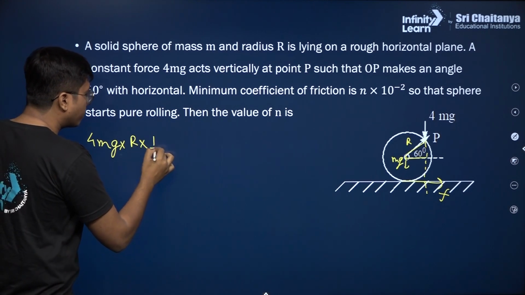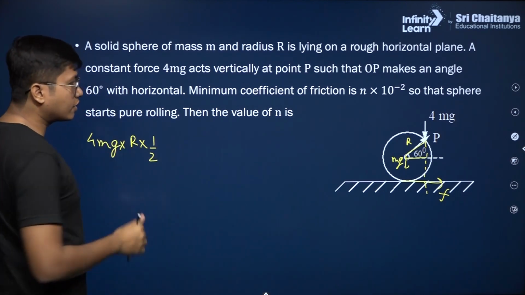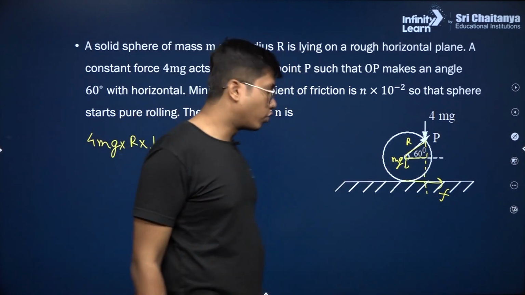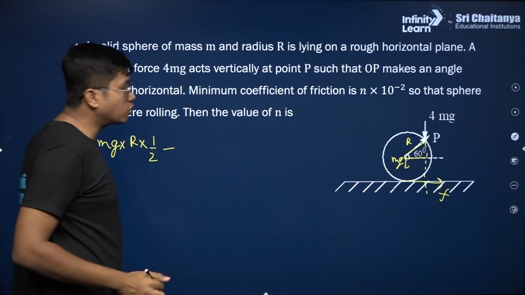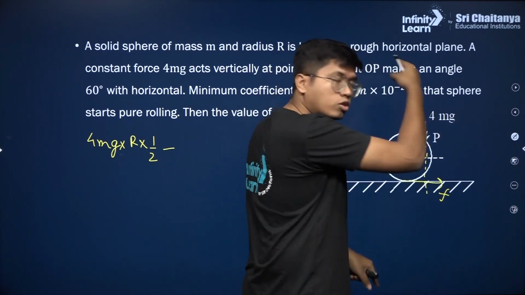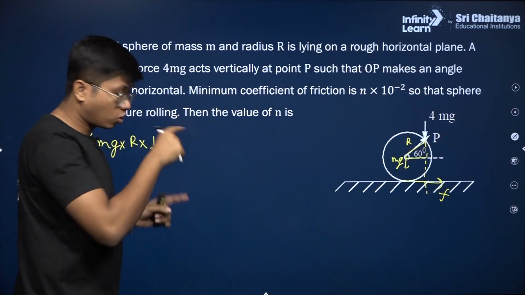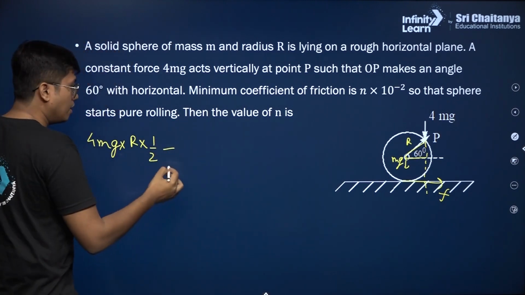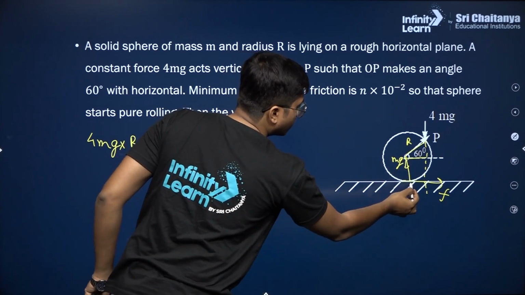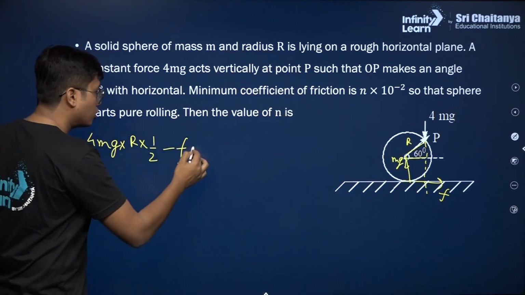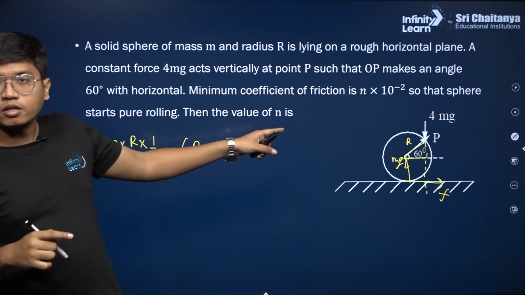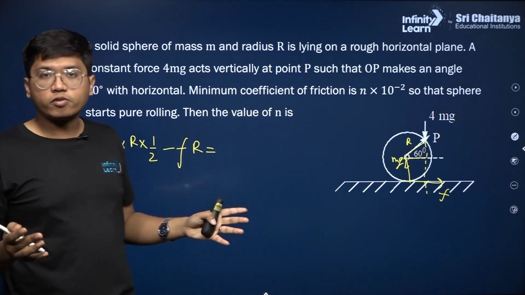Cos 60 is half. This is the torque because of 4 mg, and you also have the torque because of the frictional force, and that is to be subtracted because this 4 mg tries to turn in this direction, while the friction torque tries to turn in the other direction. So minus f into the perpendicular distance, just the radius r, so fr, and that is equal to the moment of inertia into alpha. Tau is equal to I alpha.